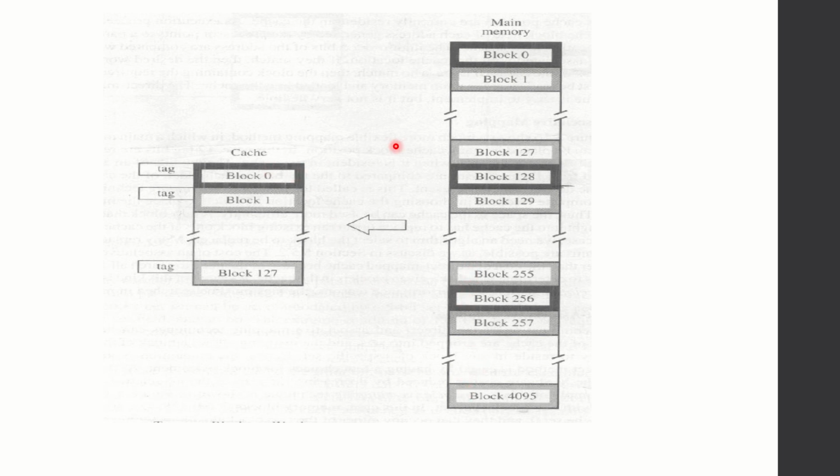If you want block 0 of main memory, it can be stored in block 0 of cache, because 0 mod 128 is equal to 0. Suppose you want to store the 128th block of main memory in cache, where will we store it? For that we execute the function 128 mod 128, which is equal to 0, which means that block 128 of main memory, if you want to store it in cache, can only be mapped to block 0.